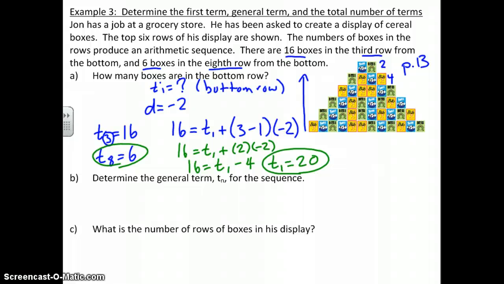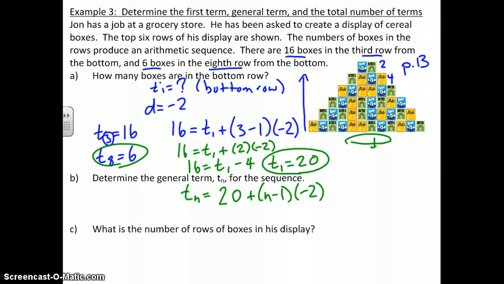So that tells us that if we were to extend this picture, the bottom row would have 20 boxes, and then they lose 2 each row. Part B says to determine the general term, which is Tn, for the sequence. So Tn equals T1, which is 20, plus n minus 1 times our D, which was negative 2.